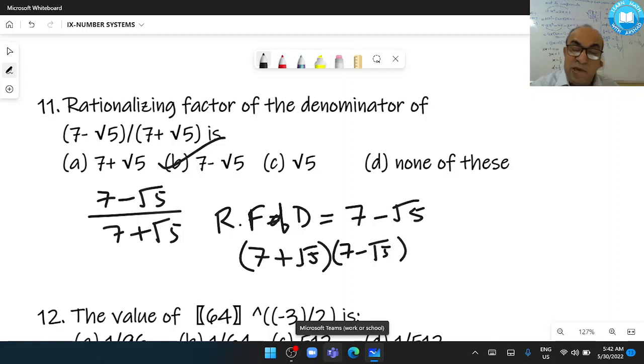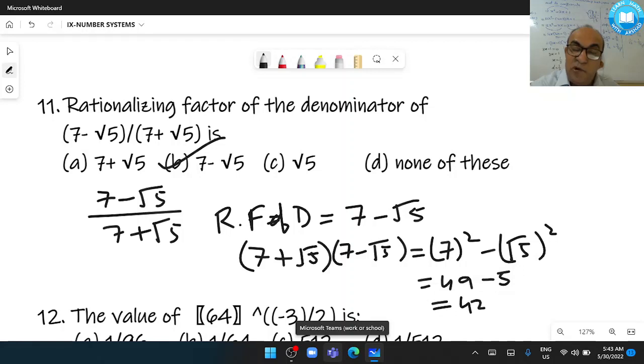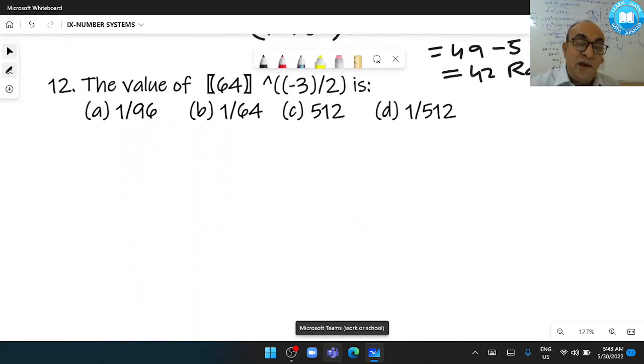It is a plus b times a minus b, that is a square minus b square. 7 square is 49, root 5 square is 5, so it is 44. Denominator becomes a rational number. So that's why 7 minus root 5 is a rationalizing factor. A rationalizing factor is a number which, multiplied with that number, makes it rational. That's why it is known as a rationalizing factor.